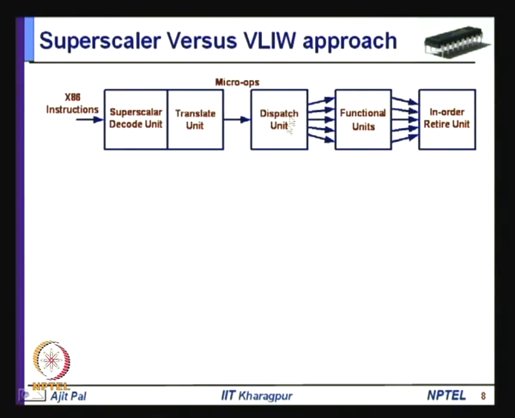The dispatch unit identifies which operations or micro operations can be performed in parallel, and they are sent to these multiple functional units, and after the operations are performed by the multiple functional units, they are sent to another piece of hardware known as the in order retire unit.